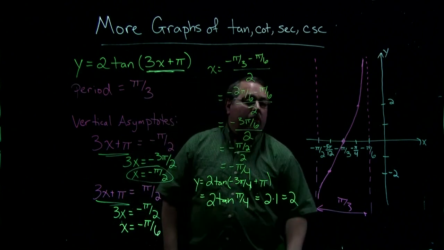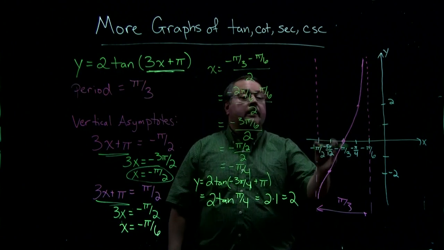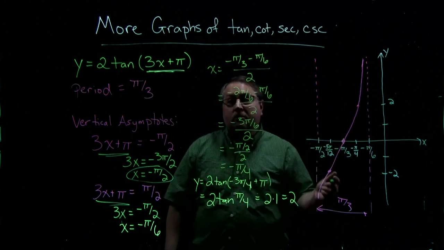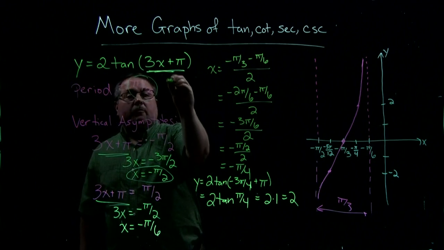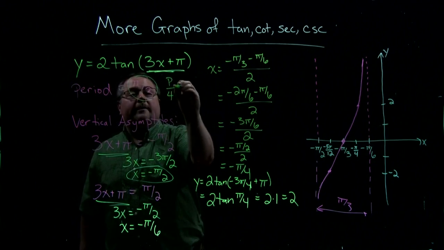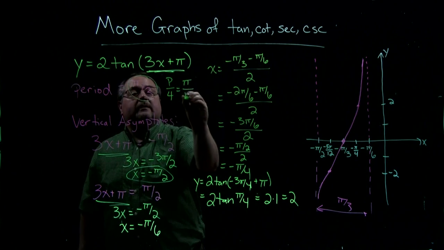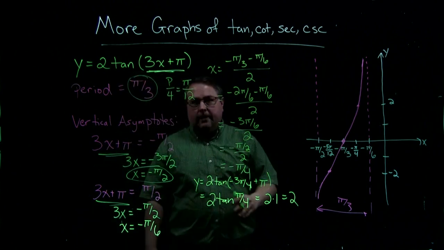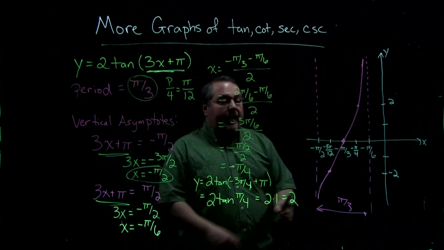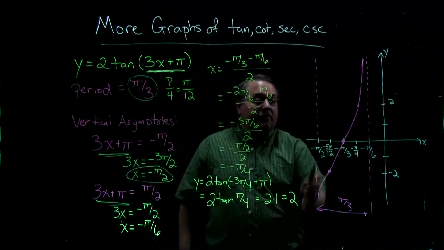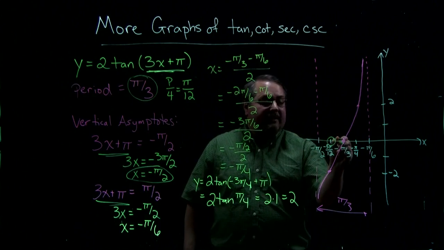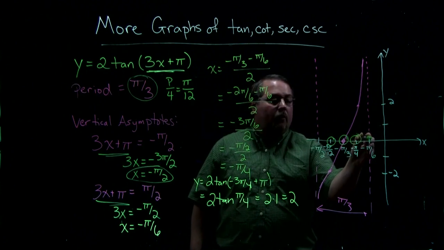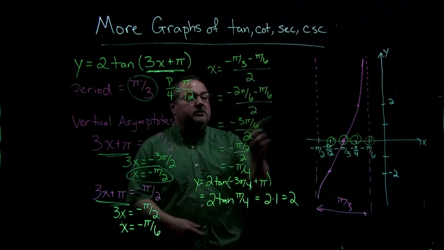First being that instead of using this method, we can use the same method we used for sine and cosine if we wanted. And that is, our period is pi over 3, so if you take a quarter of that period, it's going to be pi over 12, pi over 3 divided by 4. And if we started at the leftmost vertical asymptote and kept adding pi over 12, we would get negative 5 pi over 12, negative pi over 3, negative pi over 4, and eventually negative pi over 6.